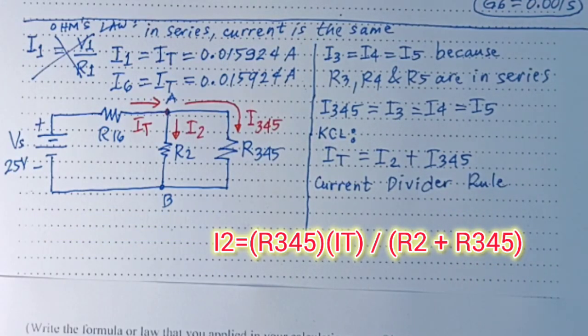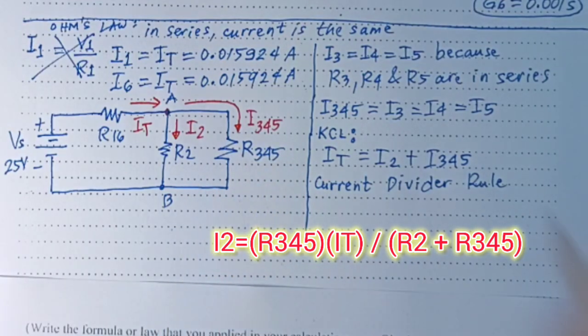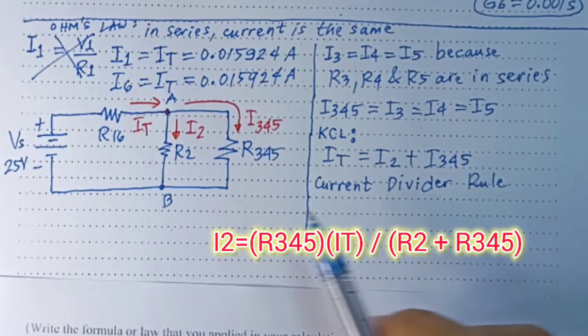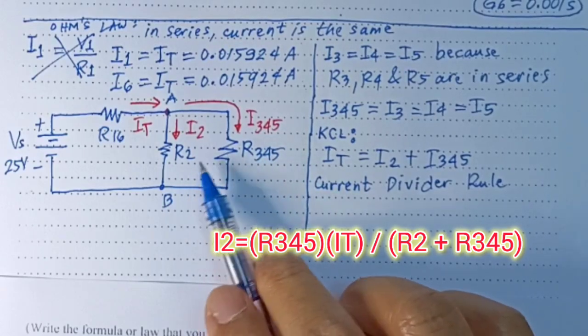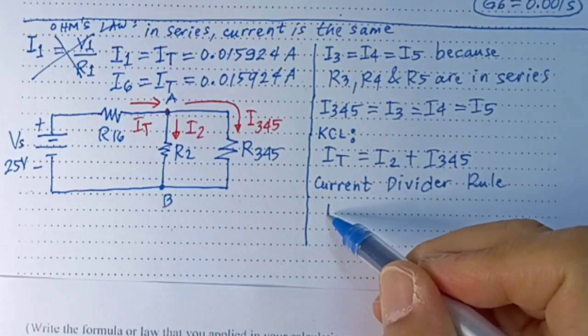For the current divider rule, we will consider the two resistors that we have here, the R2 and the R345. And we will just get the current of any one of these, whichever we want first. For example, let's try the I2.